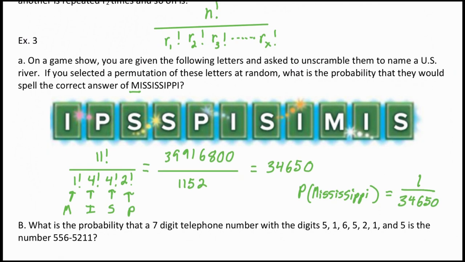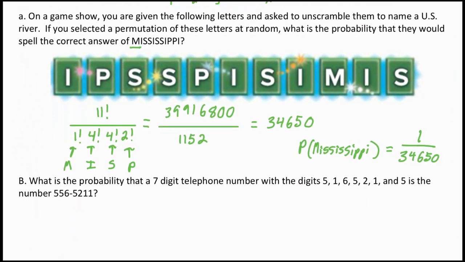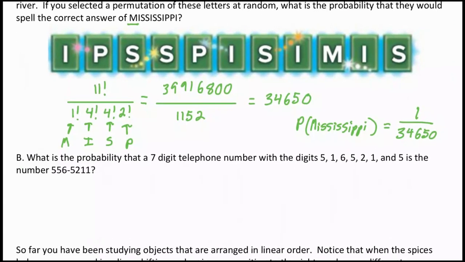Okay, can I go? Great. So we want to find the probability that a 7-digit telephone number with the digits 5, 1, 6, 5, 2, 1, and 5 is this specific number. Okay, so how many total digits do I have? 7. So I'm going to say 7 factorial. Now, what we're really worried about here is the digits that repeat, because the ones that don't repeat are going to be 1 factorial, and anything times 1 is just itself.